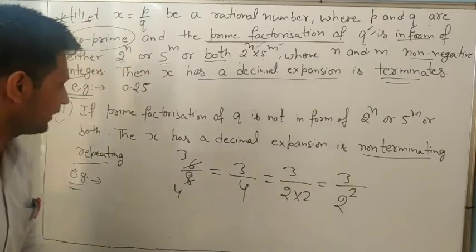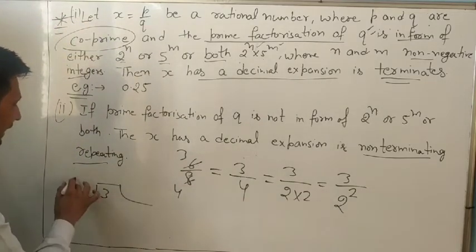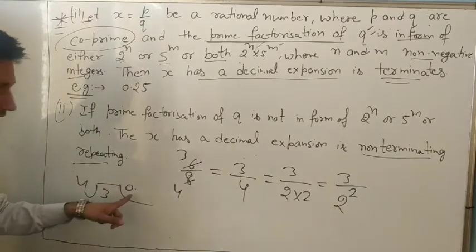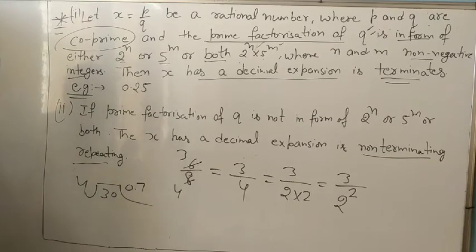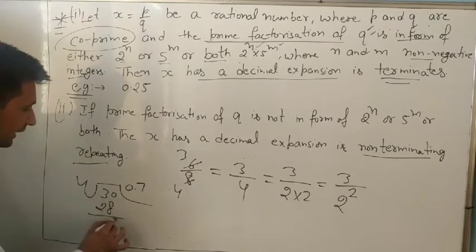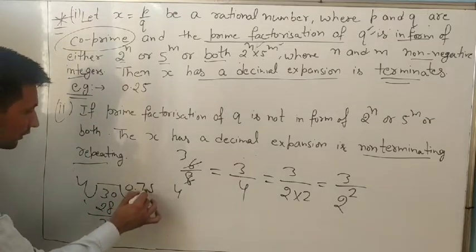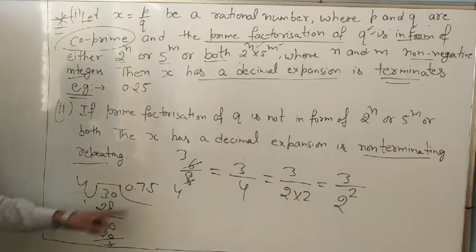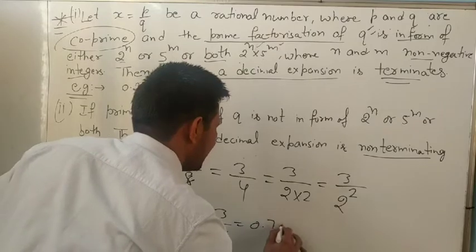Yes, it is terminating. You can divide 3 by 4: 4 is bigger than 3, so we write 0 and put a decimal. Now 30, 4 times 7 is 28, remainder 2. Again 20, 4 times 5 is 20. So 3 upon 4 is 0.75.